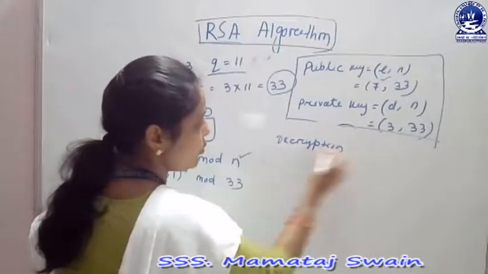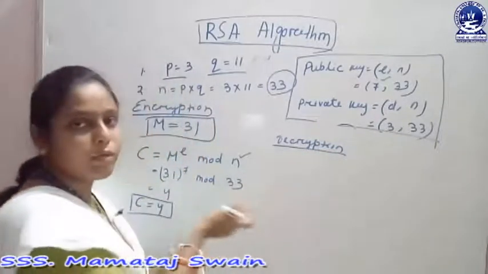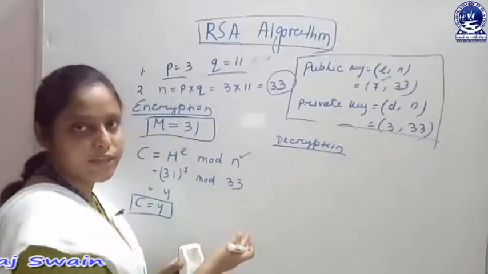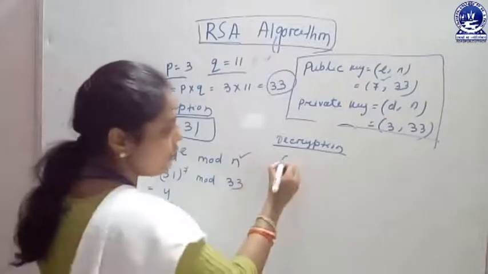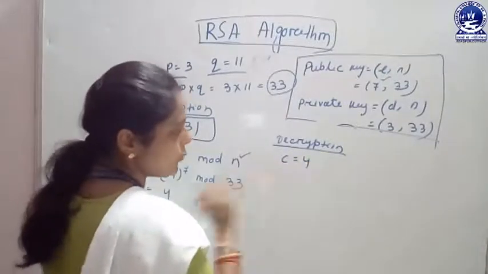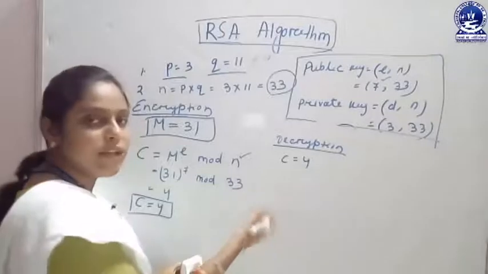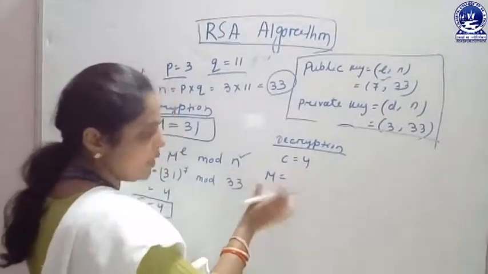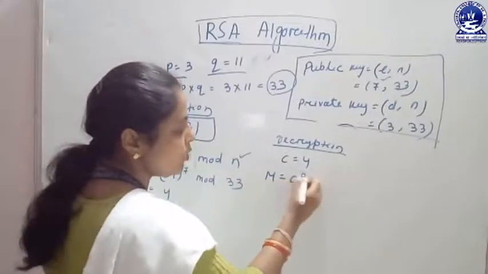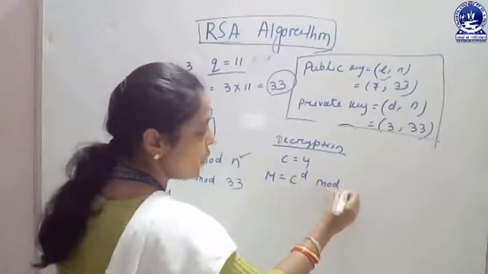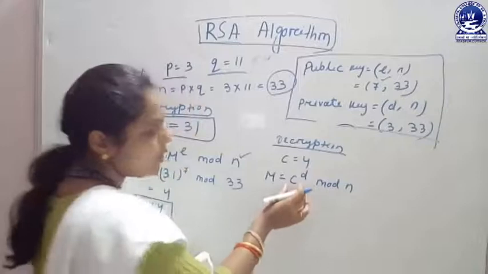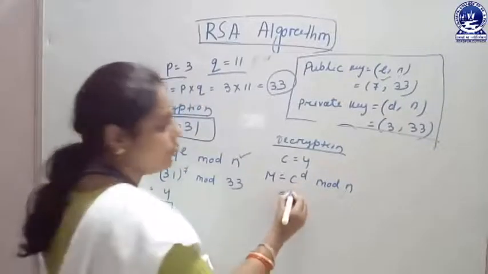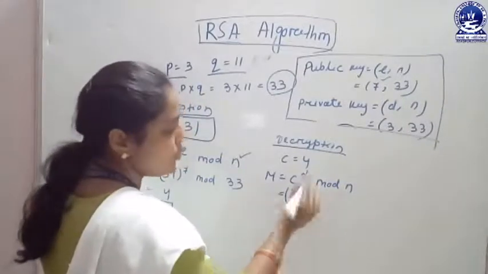In the decryption process, we always convert the ciphertext into plain text. That means here our ciphertext is 4. From this ciphertext we generate the plain text, that is M. The algorithm is that M equal to C to the power d mod n. Now here the value of C is 4 to the power d.